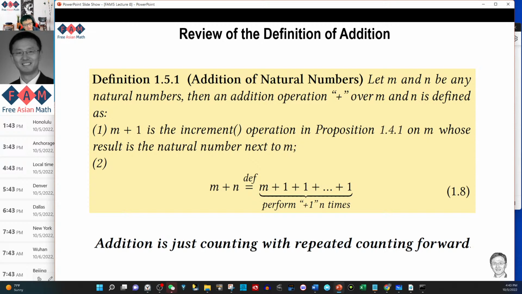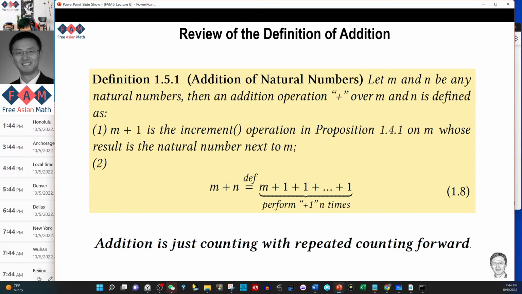We first define the first step. If you have a natural number m, we first define what is m plus 1, because that's the quintessential increment operation which allows us to define natural numbers. Once we know what is m plus 1, then an arbitrary addition m plus n is defined through this m plus 1 effectively repeatedly.